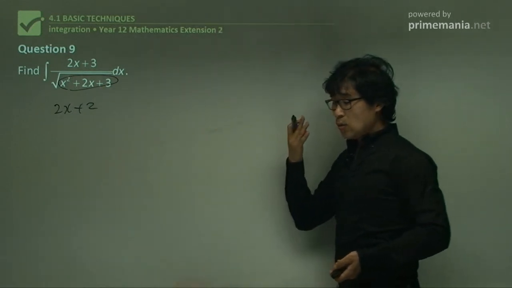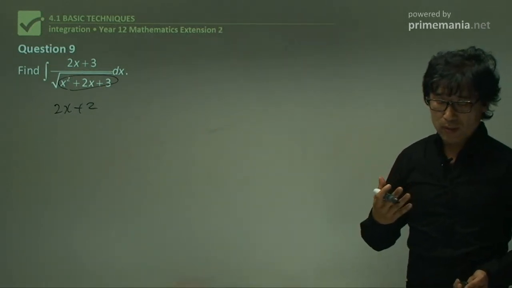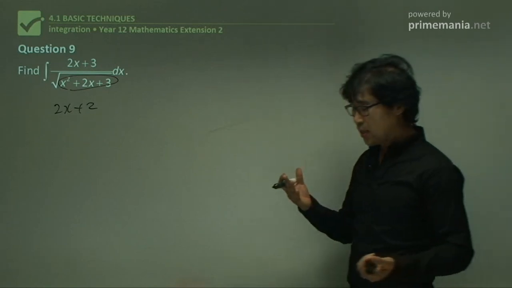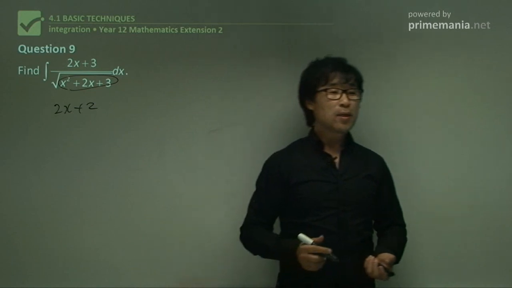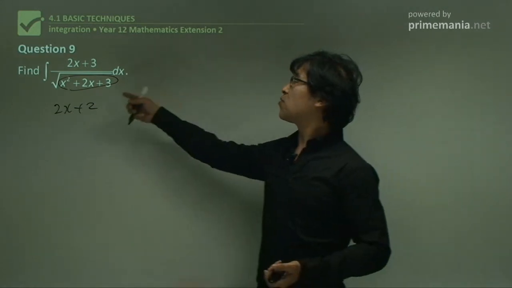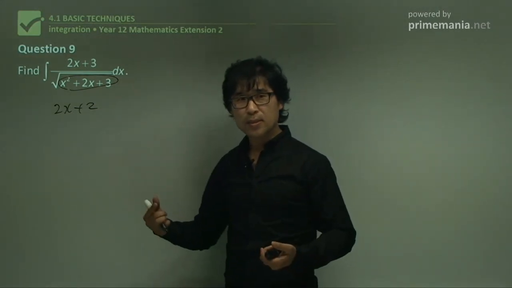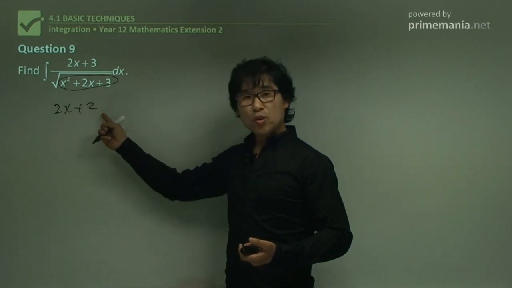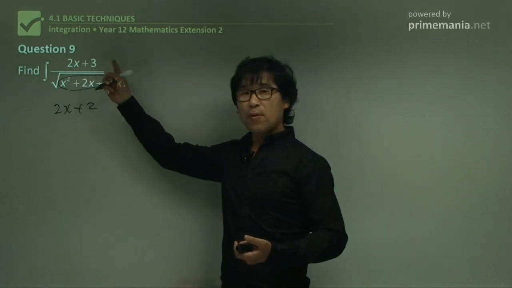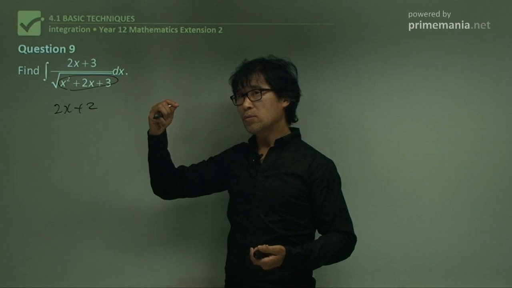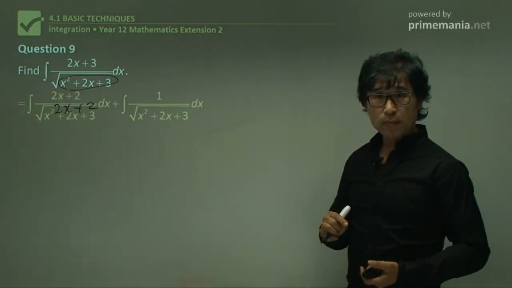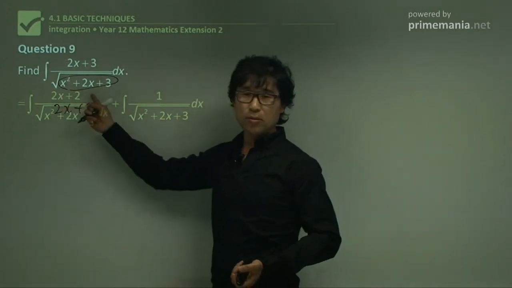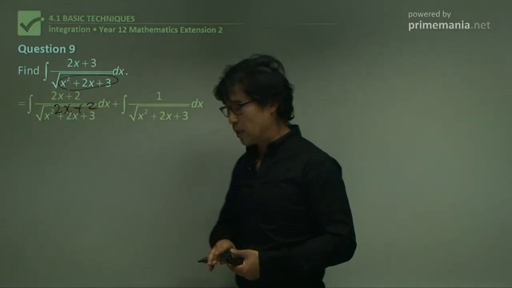Whenever you have the integration without having any sine and cos and trigonometric functions, in this sort of polynomial, it is always a good idea to try to differentiate and see what that is. And then we have 2x plus 2, but we have 2x plus 3. So close. So my idea for this question is, just separate them. We love to have 2x plus 2 for some reason in the future.